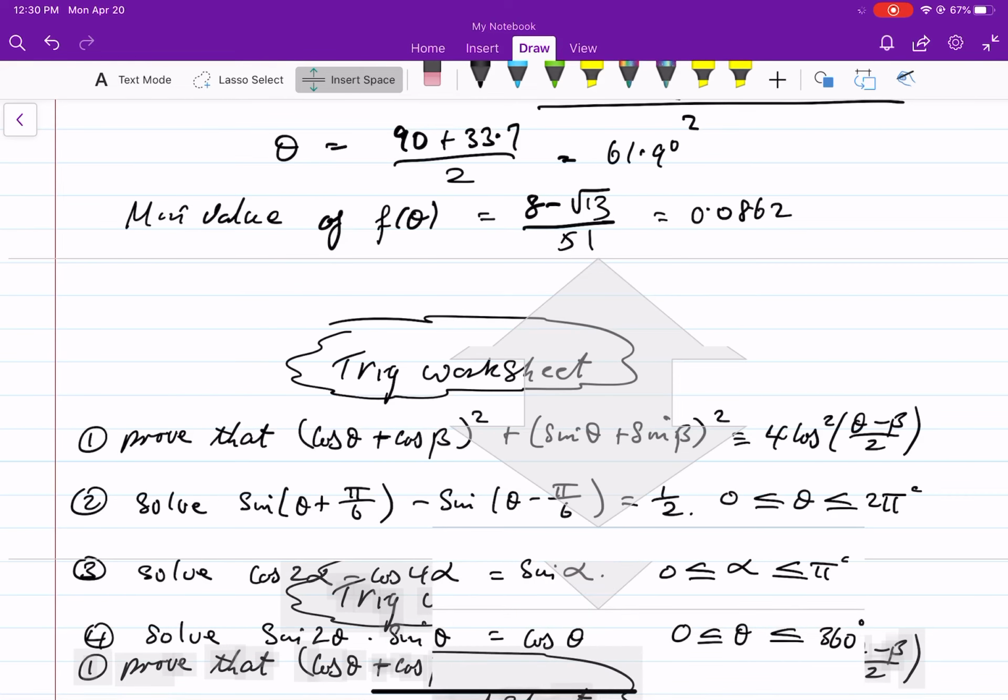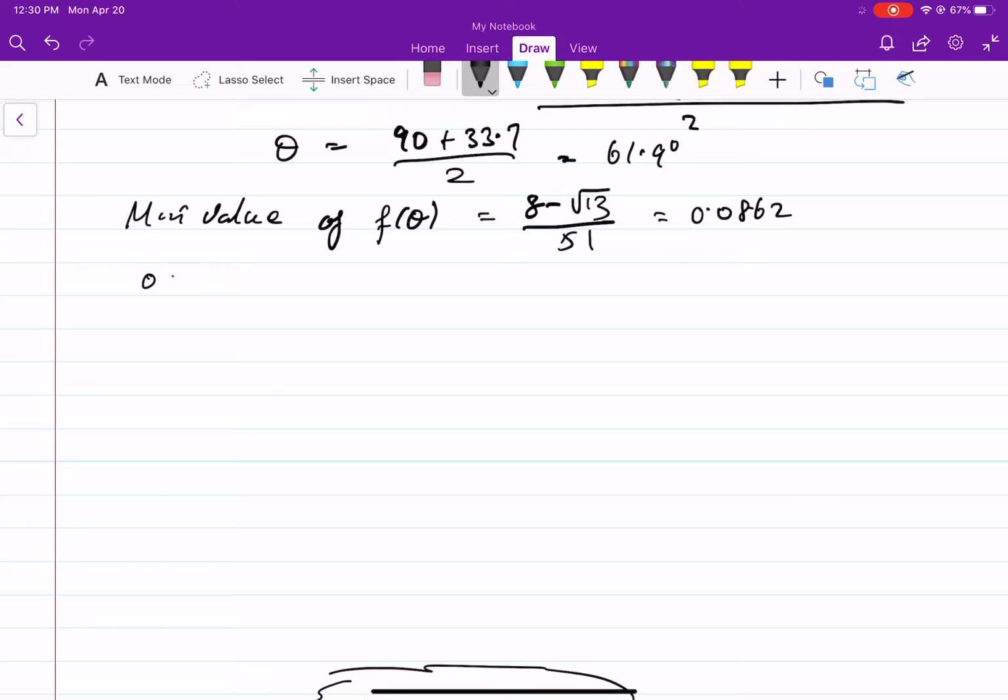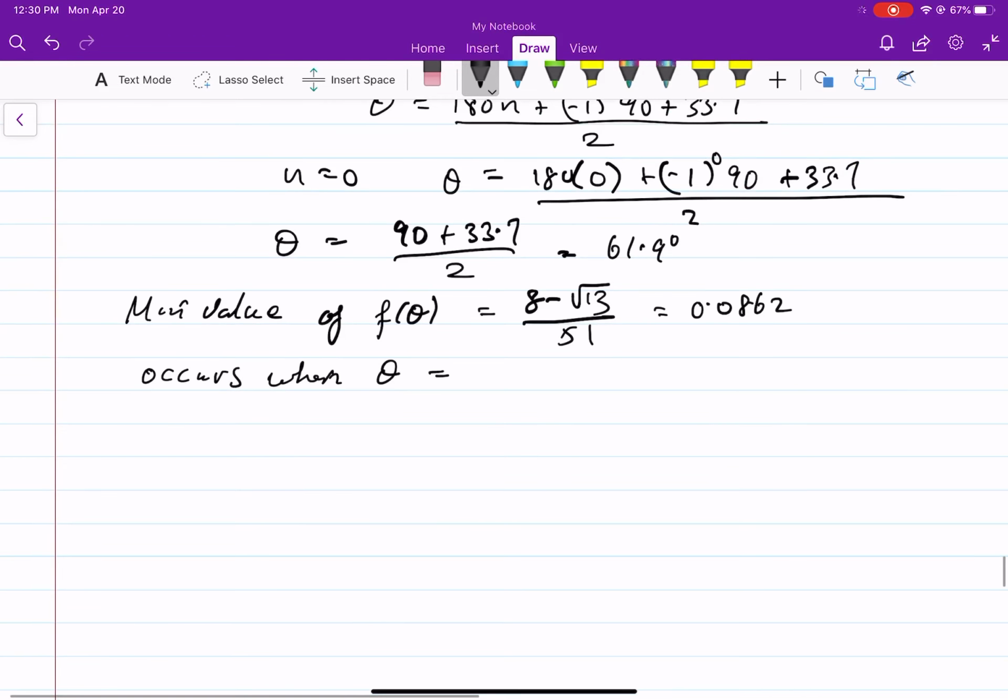And that occurs when theta is equal to 61.9 degrees. There are other values of theta that will give you that minimum value, but this 61.9 is the smallest positive value of theta that would make that happen.